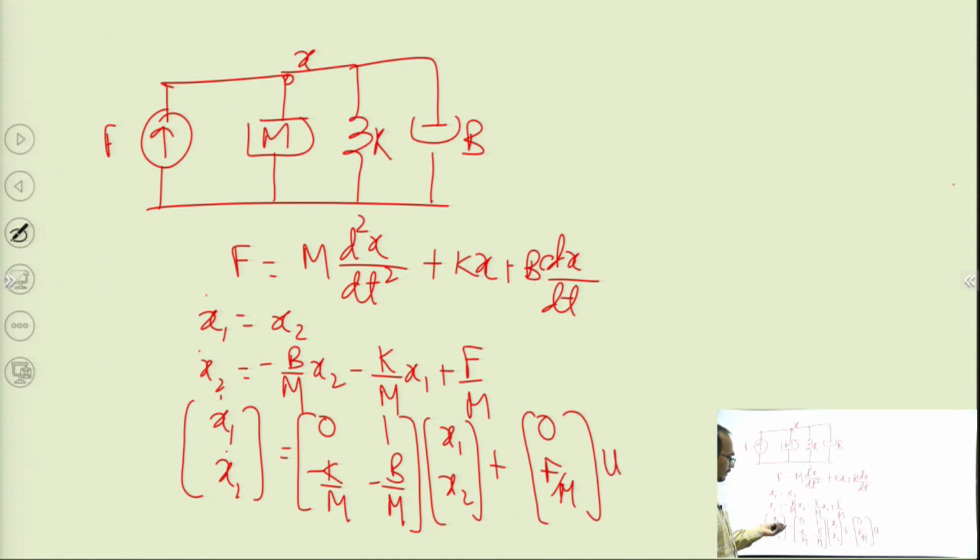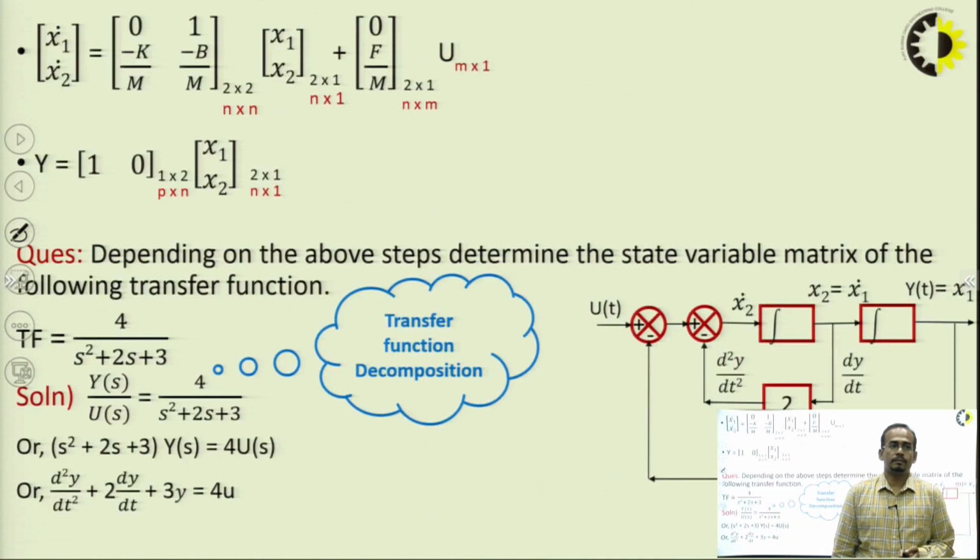So you can see here the value of a will be this and the value of b will be 0, f by m. So we can write it like this. This is the procedure for writing the state equations for any given mechanical system. You can see this has already been written.